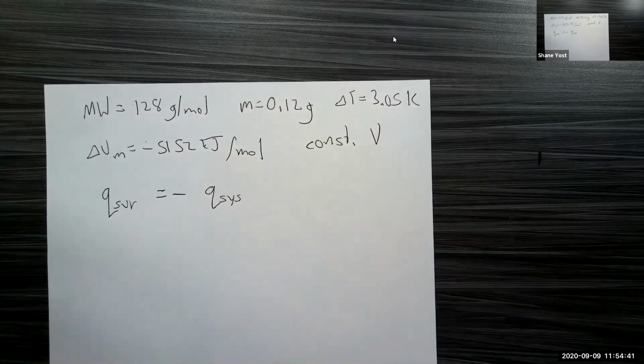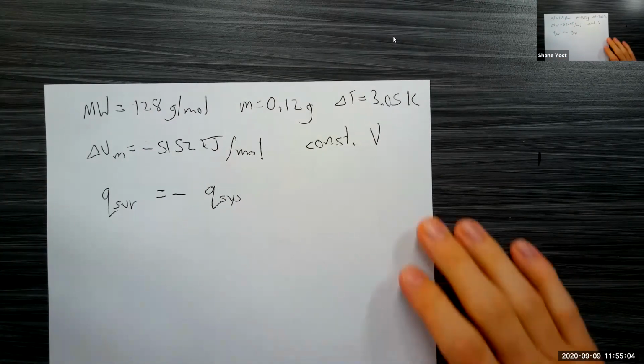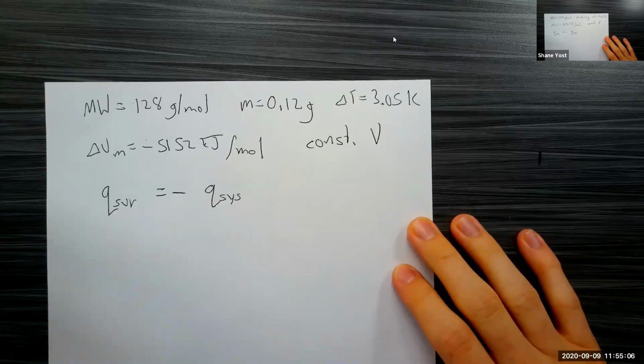In a calorimeter, the heat given off by the system is absorbed by the surroundings, so they have the same magnitude. One is absorbing that energy, one's giving off that energy, so they will have opposite signs. Q surroundings is equal to minus Q system, or Q system minus Q surroundings. Where you put the minus signs doesn't really matter.